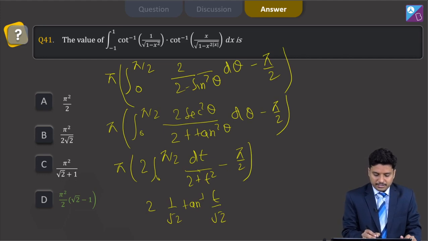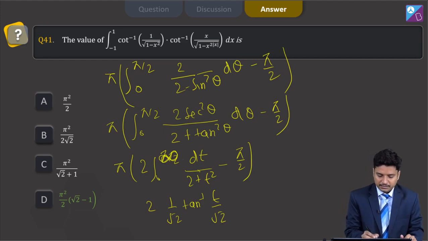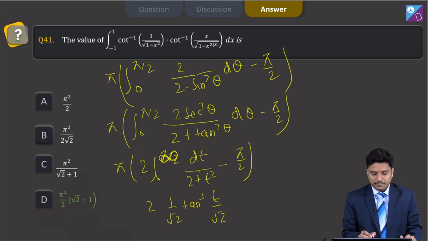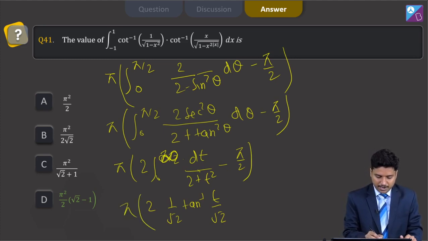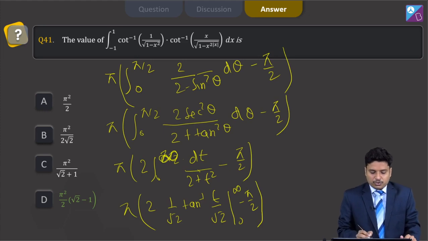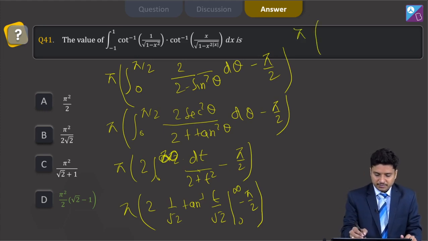So here as we have considered tan theta as t, this pi by 2 will also get converted into infinity, and this 0 will be already there. So 2 into 1 by root 2 tan inverse t by root 2, here we can go with 0 to infinity minus pi by 2. So what you are getting, this will be now your answer.